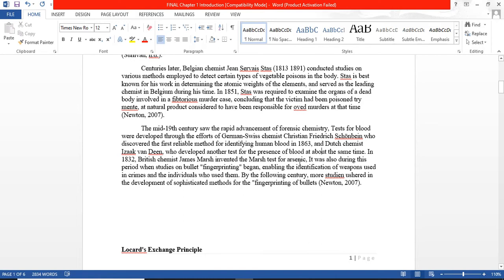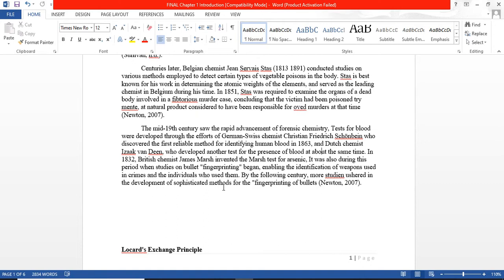It was also during this period that the study of bullet fingerprinting began, enabling the identification of the weapon used in a crime and the individual who used it. For example, in a certain gun, there are bullet marks, like from production, and also the fingerprints of the person who touched the gun.